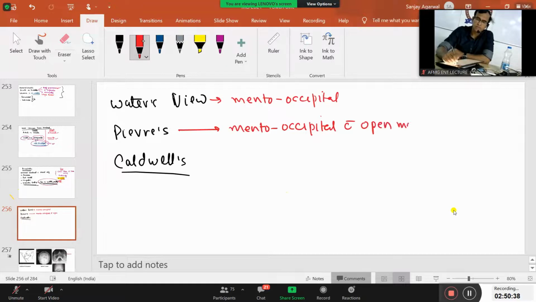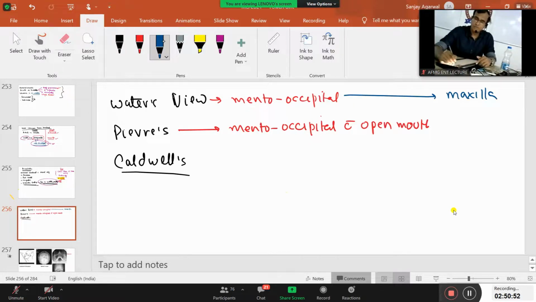This is the only difference between the two: in one the mouth is kept open, in the other the mouth is not kept open. This is for maxilla. You see maxilla best. In this you see all sinuses, including sphenoid. You can see all sinuses, including sphenoid, in your PRS view.